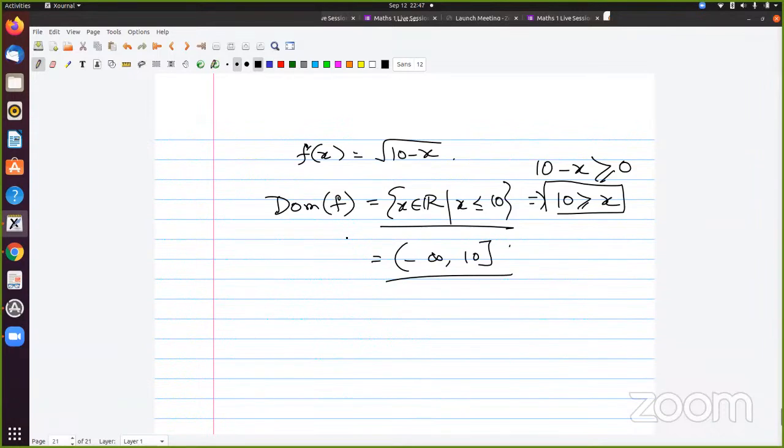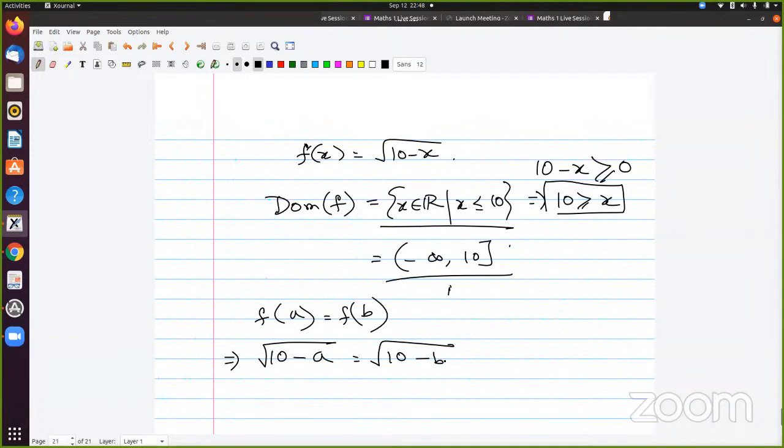So when you are checking injectivity, your inputs are coming from here only. Suppose I have two elements A and B which give me the same output. Can this happen? No. What is the output for A? Root over 10 minus A. For B?